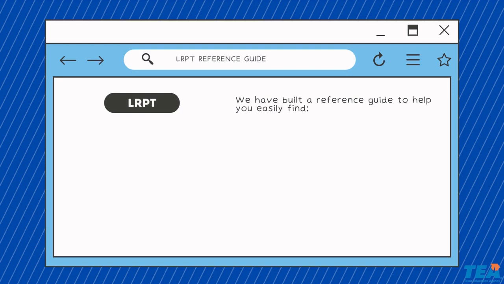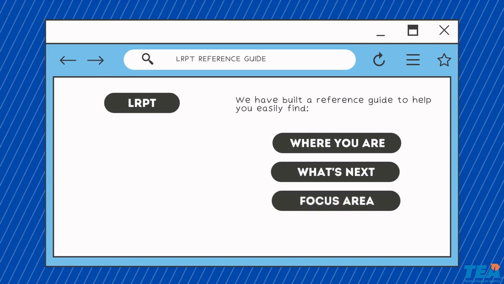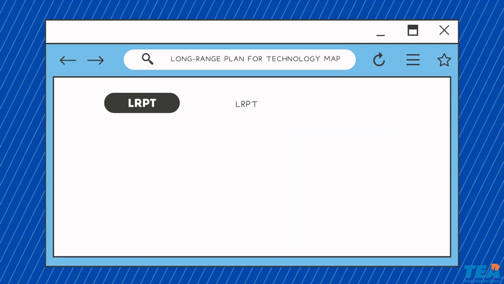Because it's most likely that you will go through these videos and topics as needed instead of the order of the document, we have built a reference guide to help you easily find where you are in the document, what's next, and what focus area you are in. LRPT will be the first part of the reference description.